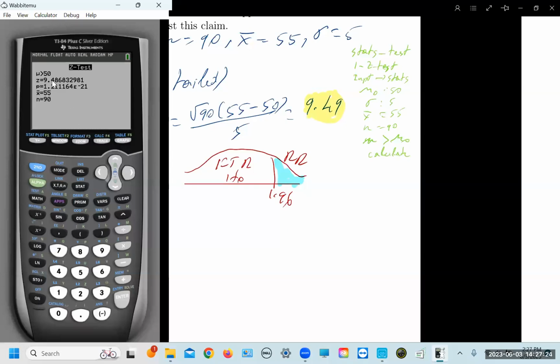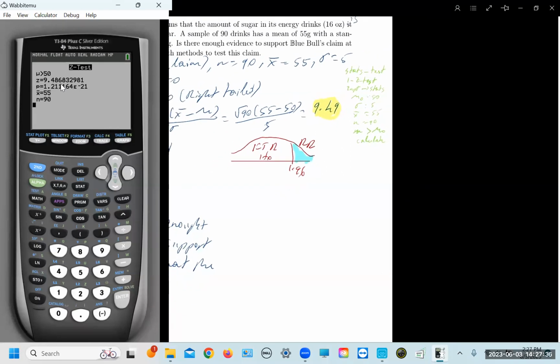So right there, z is 9 point something. So we can see this.